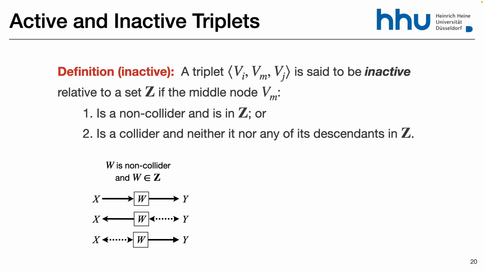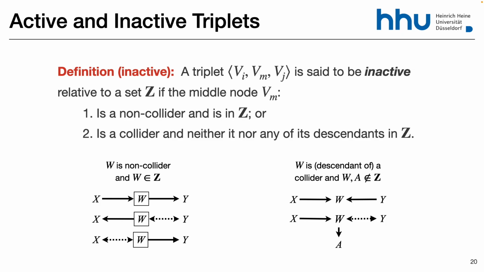The other case is when it's a collider. So it's a triplet where the variable in the middle is a collider, but none of the descendants of the collider, including the collider itself, which is a descendant of itself, is in the set Z. So I cannot condition on a set that includes the collider.